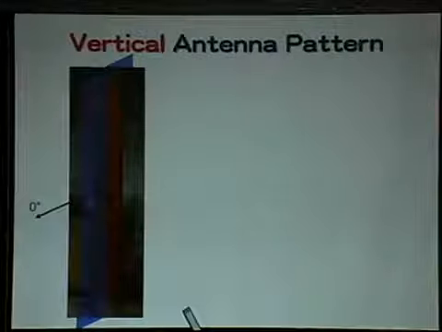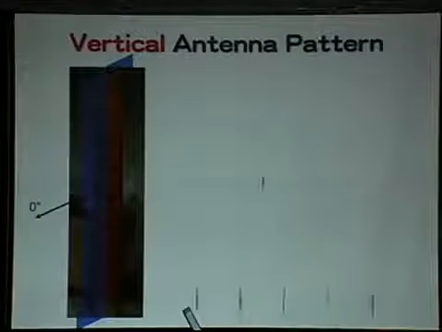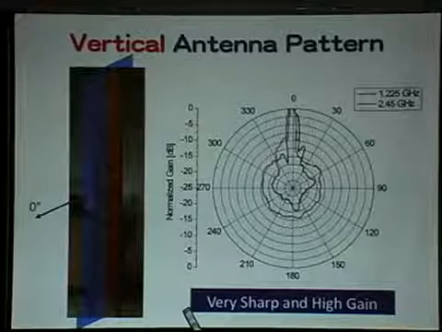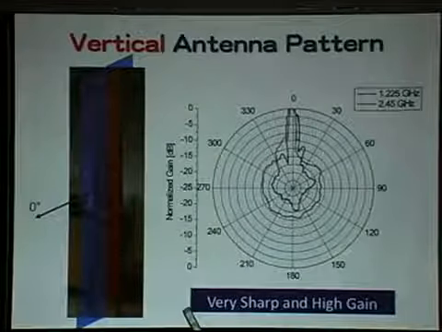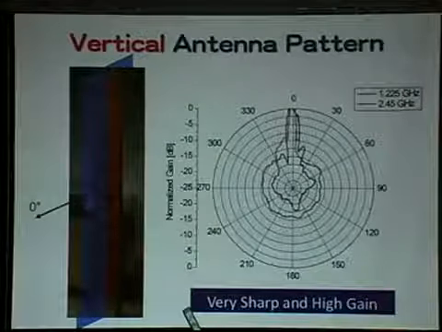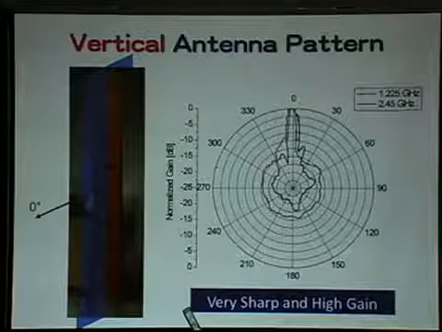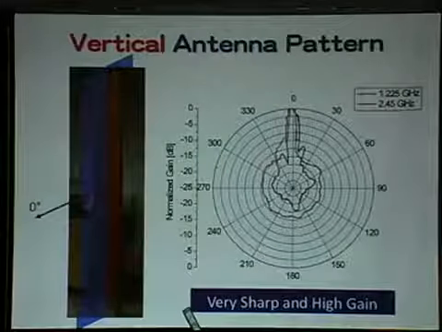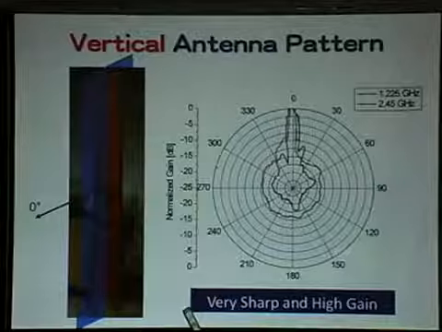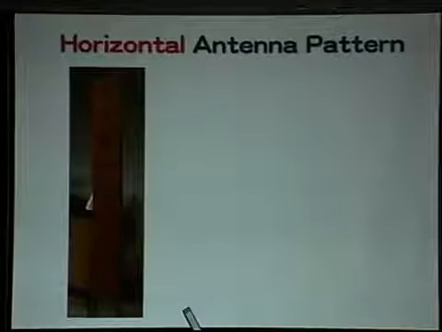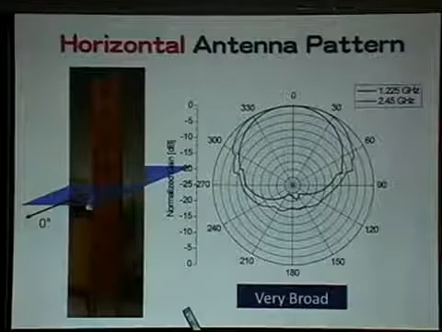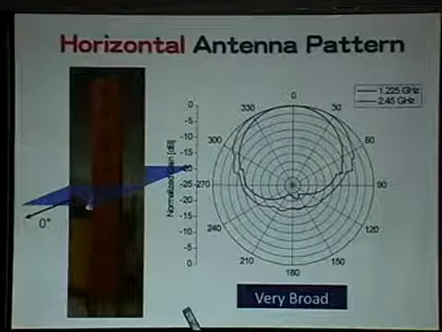We measured the antenna pattern in the vertical plane. You can see this picture shows a very narrow, very sharp antenna pattern in the vertical plane, and on the other hand, the horizontal antenna pattern has a very broad pattern.